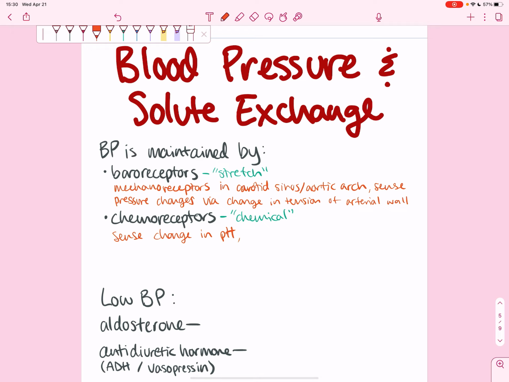For an example, I'll do acidification due to CO2. Stimulation during exercise. So the chemoreceptors in your blood vessels would sense this increased amount of carbon dioxide.